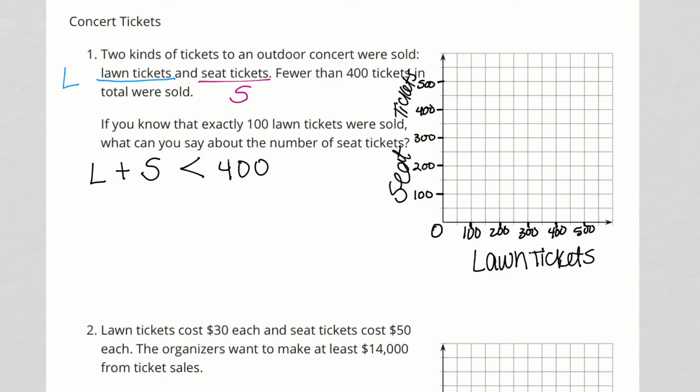There's a couple of different ways that you could do that. Do you guys remember any of those ways? Slope-intercept form. What's the other way? Intercepts. So we could find our x and y intercepts by plugging in zeros. Which one do you think would be easier in this case?